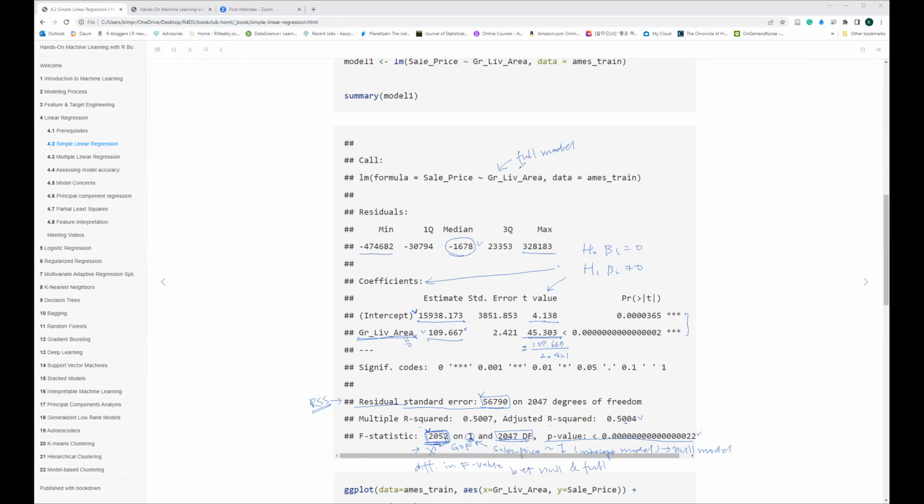We can assume this is the full model in this case. That's how the lm summary looks. So is there any questions so far?